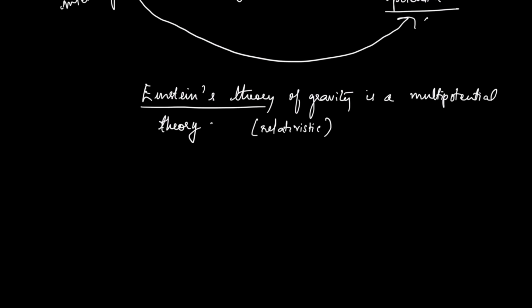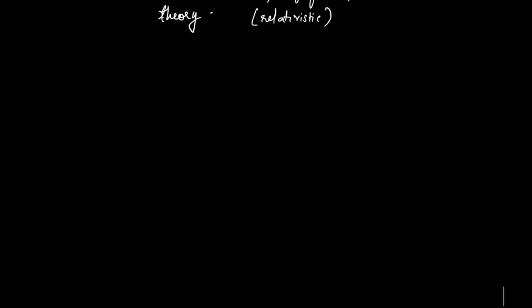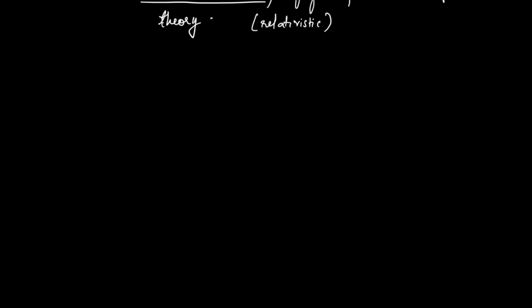Now, under certain conditions, we can reduce the Einstein theory of gravity to Newton's single potential theory. Newton's theory is a single potential theory. It has only one single gravitational potential, and it is non-relativistic also.